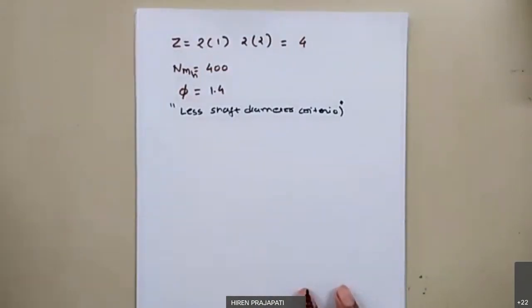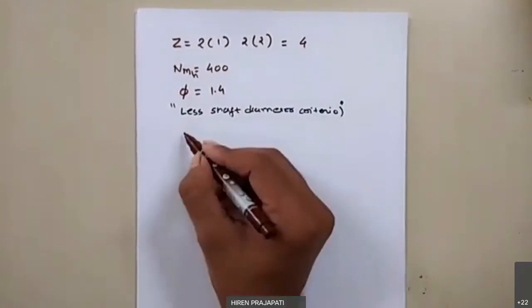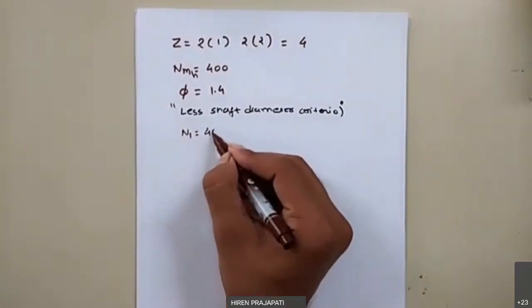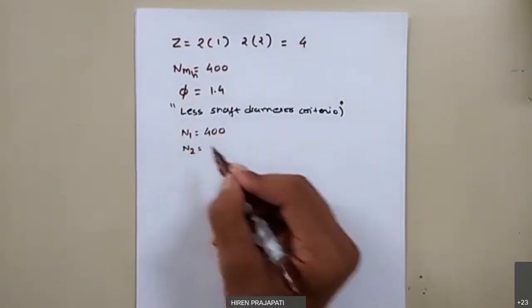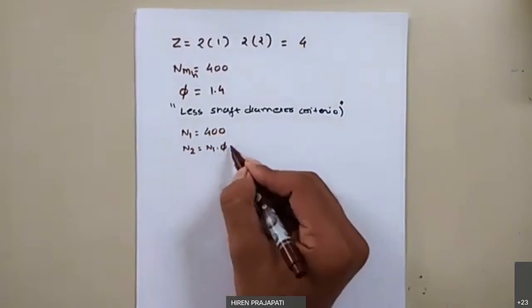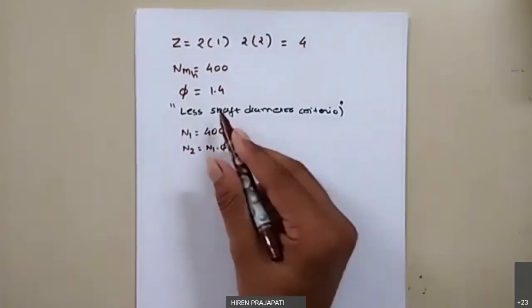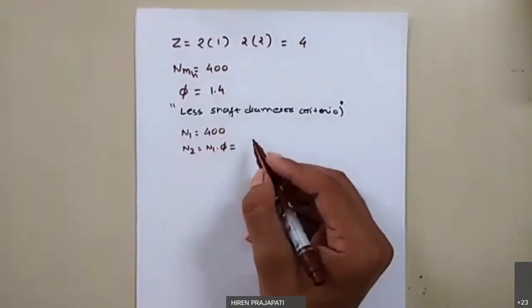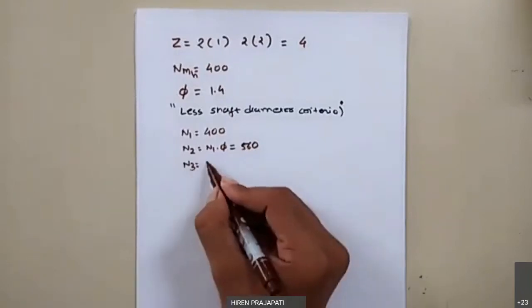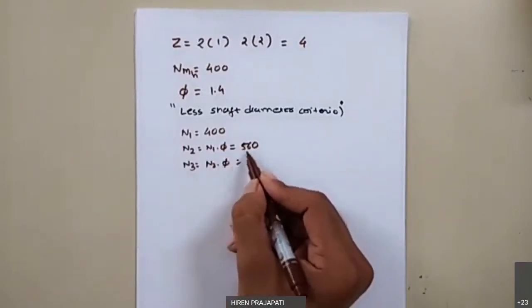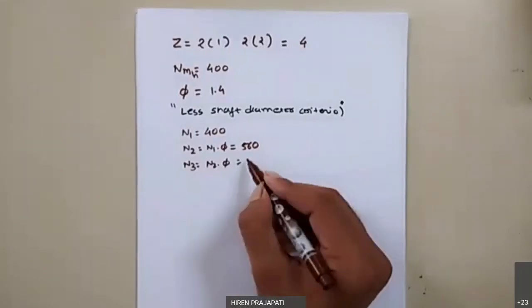Now our next step is to write all the RPMs available from the gearbox. Suppose N1 is 400, then what will be N2? N2 is N1 times phi, so 400 into 1.4. The next RPM is 560. Similarly N3 is N2 into phi, so 560 into 1.4 is 784.